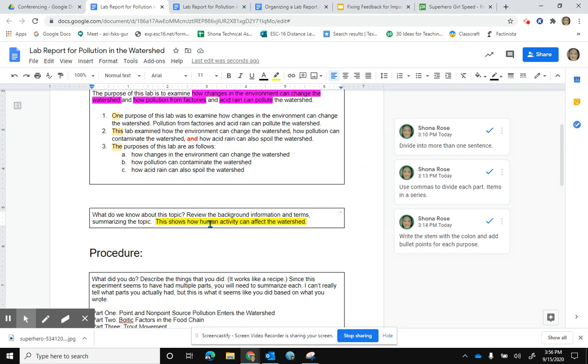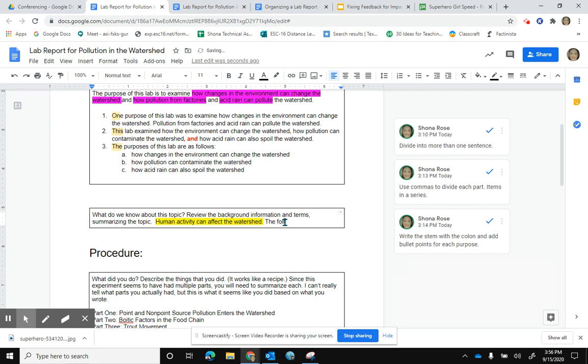And so what we would need to do right here is just change it, just make a statement. Human activities or activity can affect the watershed.